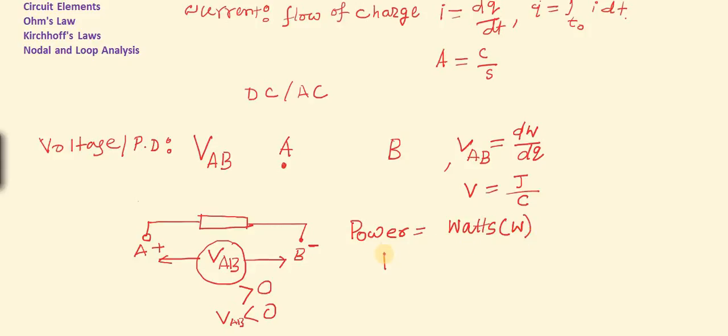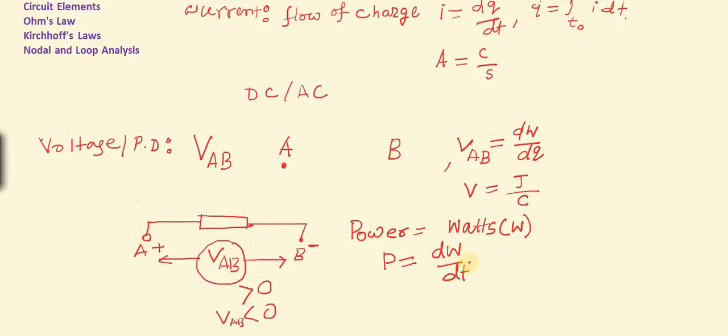Power, denoted by P, is equal to the time rate of energy expending or absorbing energy. So the time rate of change of energy, P is equal to dW/dt.